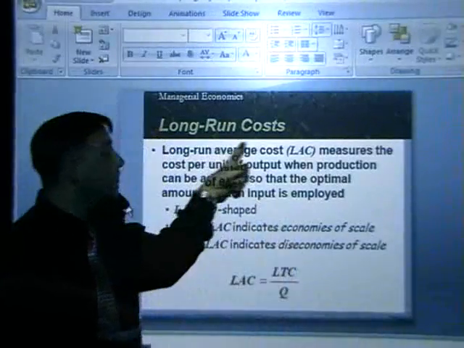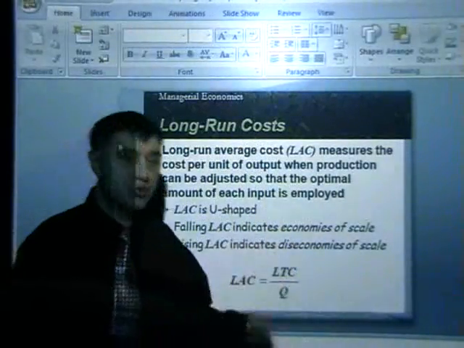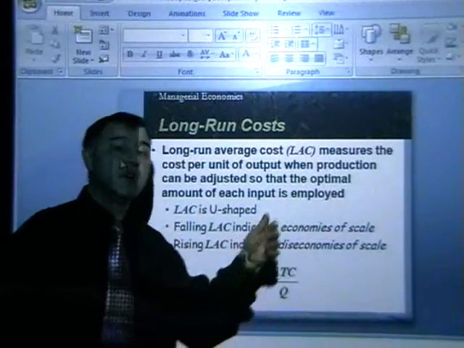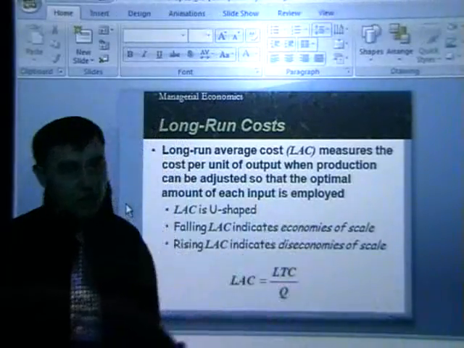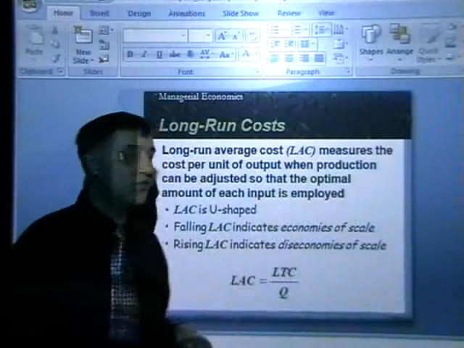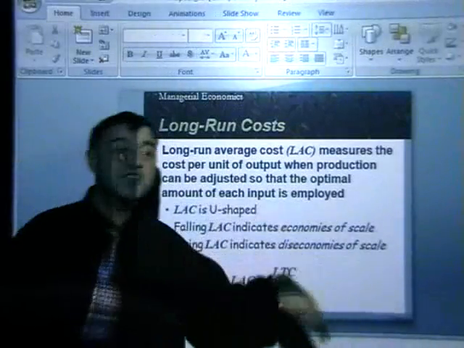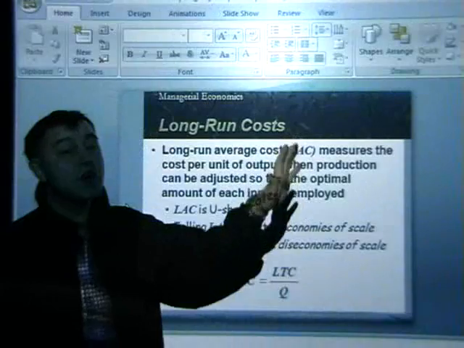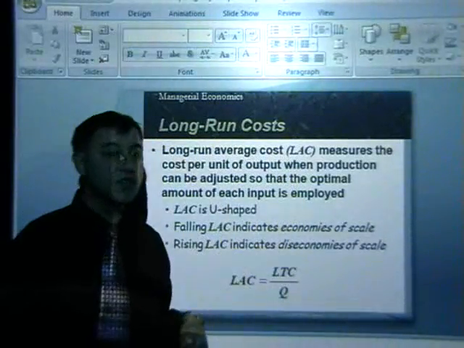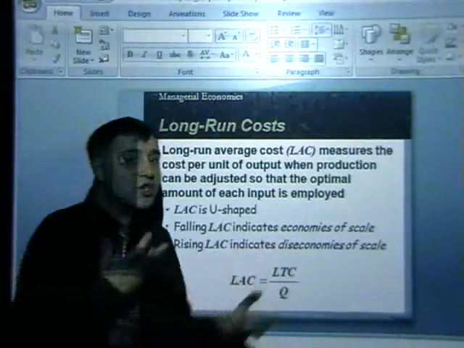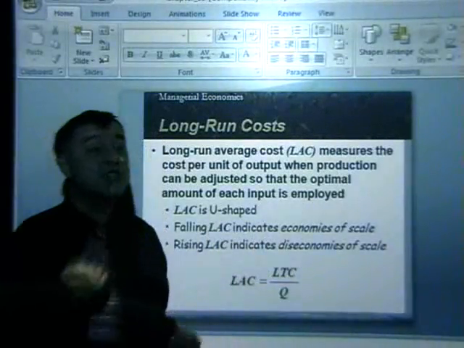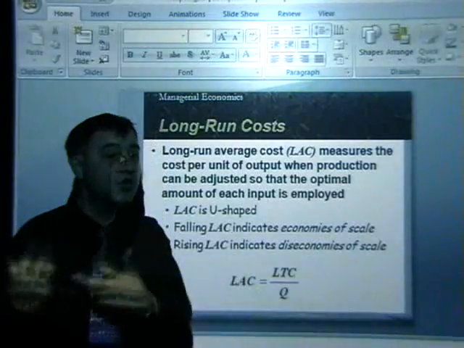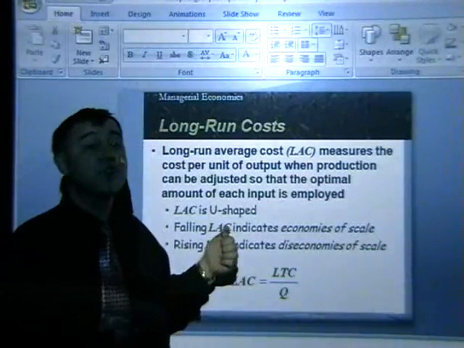Falling average cost means improving efficiency, and rising cost means deteriorating efficiency. Falling cost can come from increasing returns to scale, and rising cost must come from decreasing returns to scale. So returns to scale is associated inherently with cost and with production efficiency.